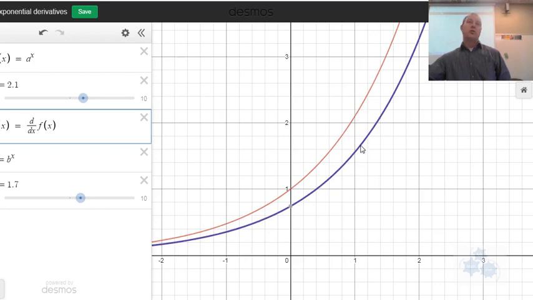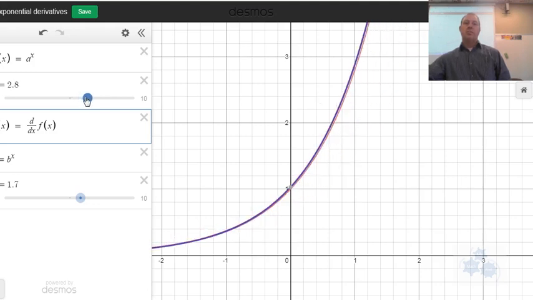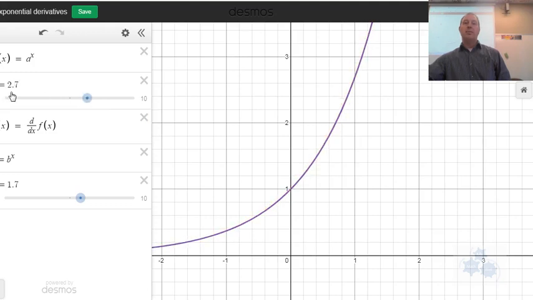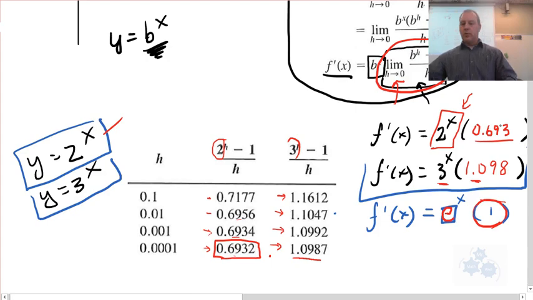So this purple line here is the graphed derivative of the red line. As I move up, you see there is some point where they become the same graph, and that is the point E. If I typed in E, 2.71828, they're the exact same. So it's its own derivative. That's what E is all about.